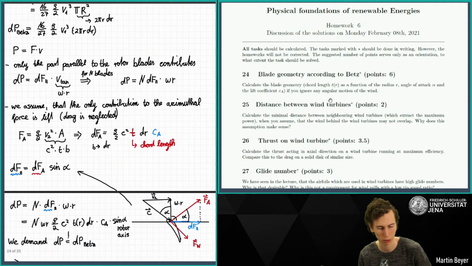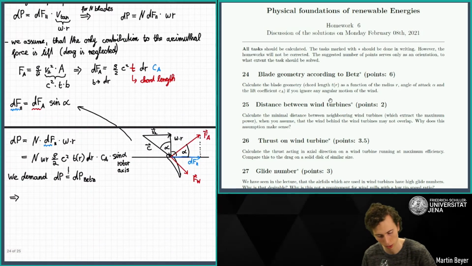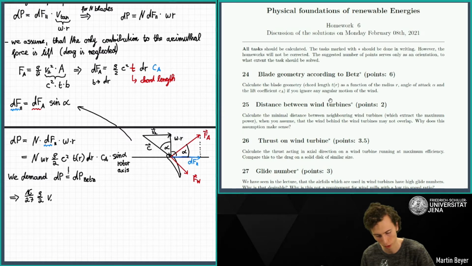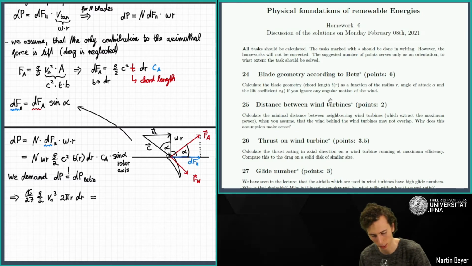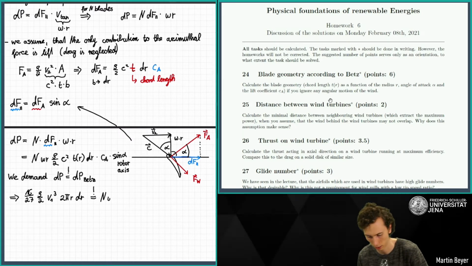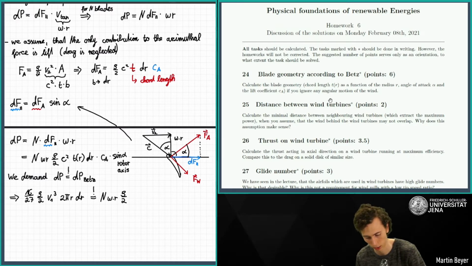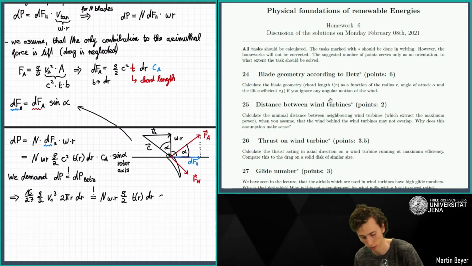Just substituting the results, we have 16 over 27 times rho over 2, v1 cubed, 2 pi r dr. It must be equal to the expression that we wrote before. Let's write this again: N times omega times r, rho over 2, now the chord length, the quantity that we want to find, Ca and sine of alpha.